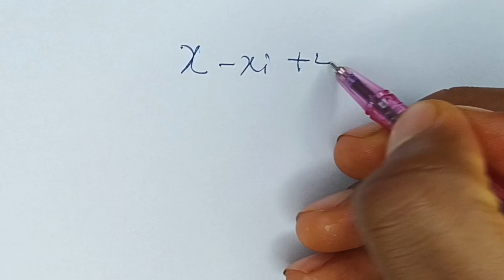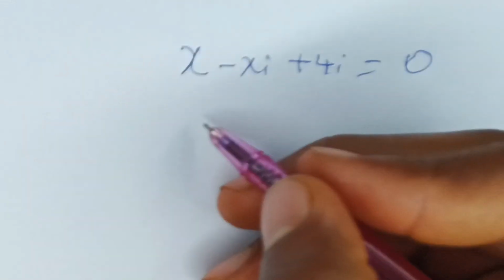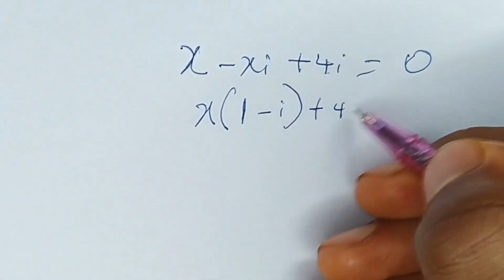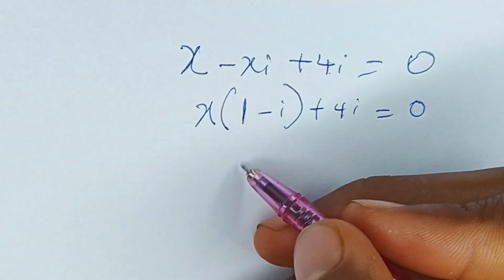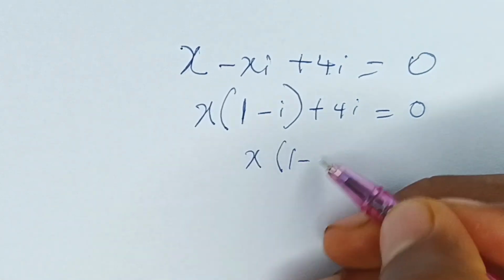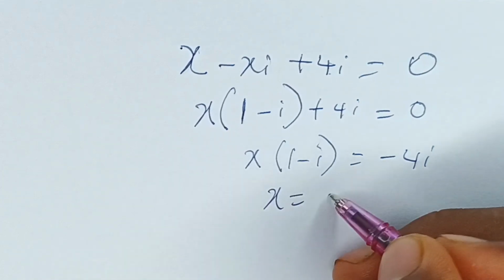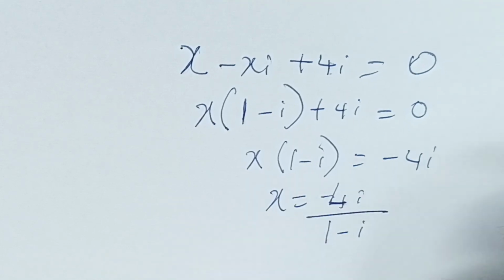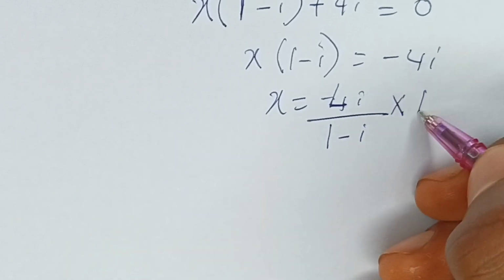We have that x − xi + 4i is equal to 0. From here, x(1 − i) + 4i is equal to 0. So x(1 − i) is equal to negative 4i. From here we have that x is equal to negative 4i all over (1 − i). Now rationalizing this denominator, we multiply by the conjugate.